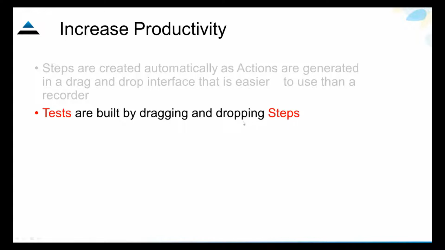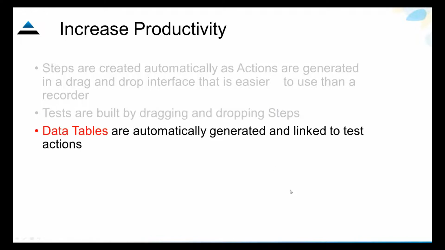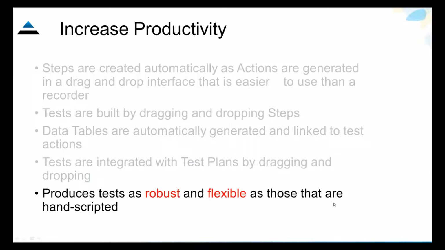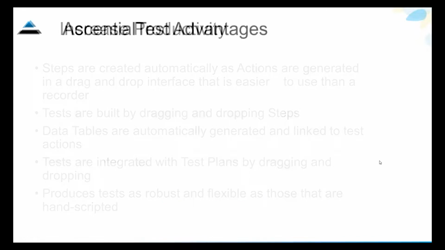Tests are built by dragging and dropping steps, as you just saw, and then we generated the data tables automatically and linked them to the test actions. Finally, you saw me take the tests and integrate them with the test plan, again by dragging and dropping. This produces tests that are robust and flexible, just like those that would be hand scripted, but you were able to do it without having to learn a scripting language.